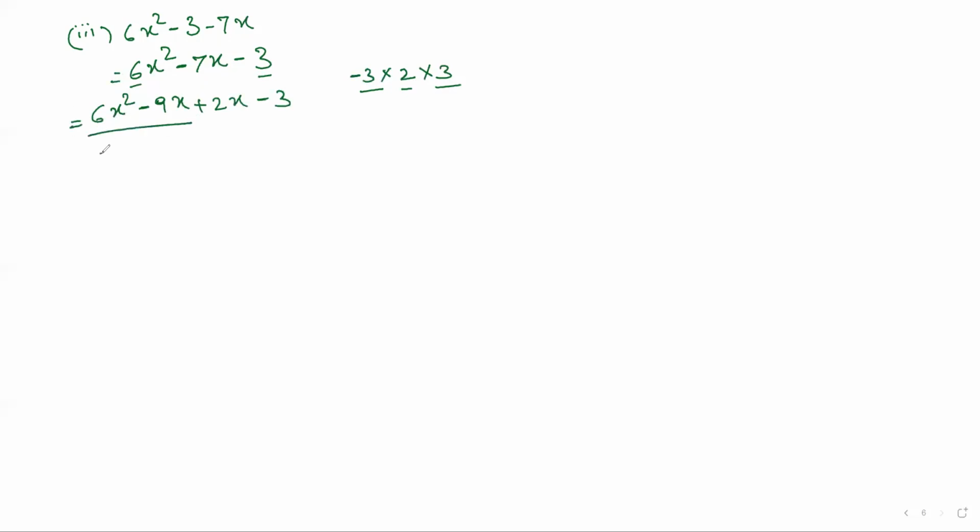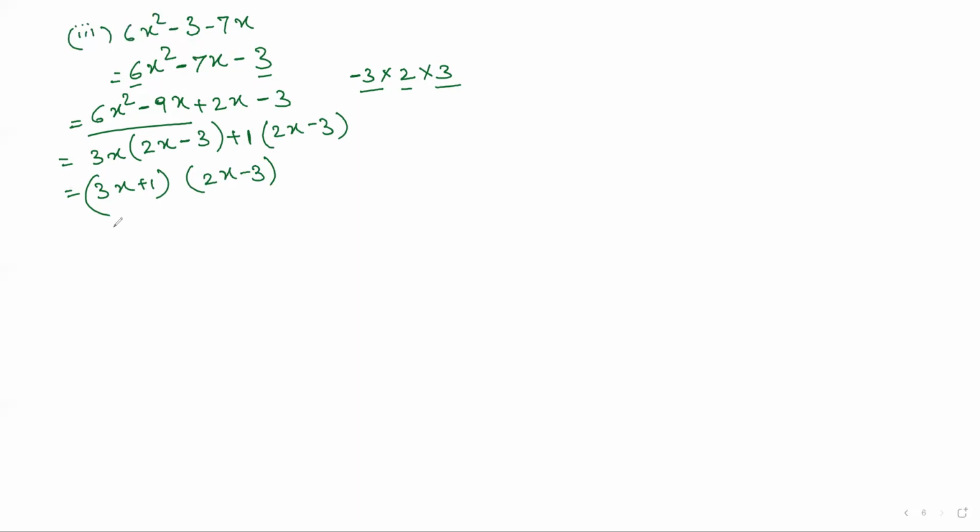From the first two terms, you can take 3x common. You're left with 2x minus 3. And from the next two terms, you can take 1 common, 2x minus 3. This is 3x plus 1 into 2x minus 3.